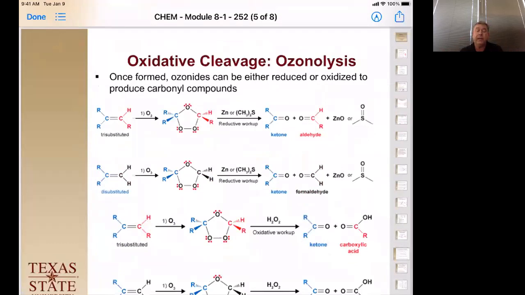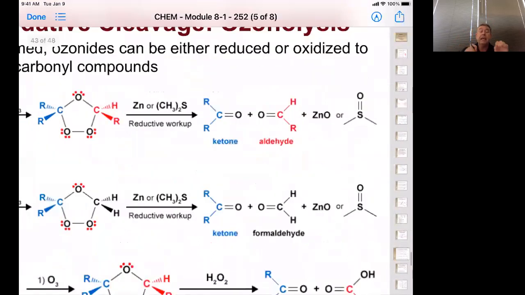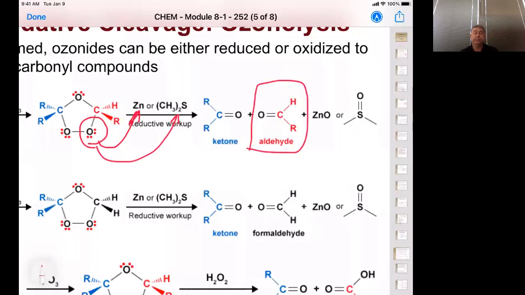We have 2 different reagents for a reductive workup. We can use zinc metal, which goes into zinc oxide, or we can use dimethyl sulfide, which ends up becoming dimethyl sulfoxide. The oxygen is being transferred to the sulfur. If we have something for this third oxygen to transfer to, in this case the zinc or the sulfur, we can end up with the aldehyde.